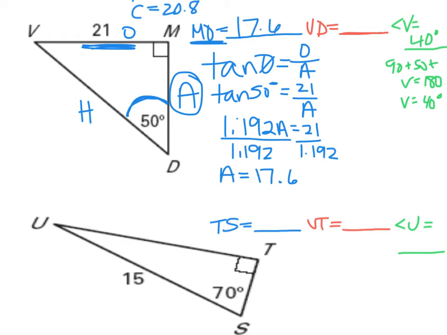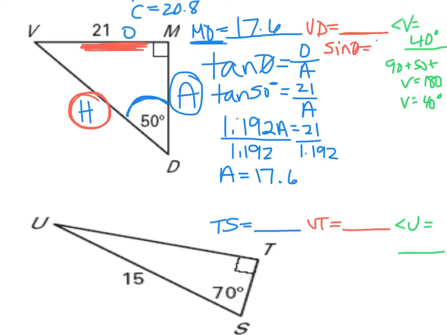And then if I want to find VD, that's asking for my hypotenuse. I always go back to my original information. So my original information was at the opposite side, so I'm going to use O and H, which means it's sine.